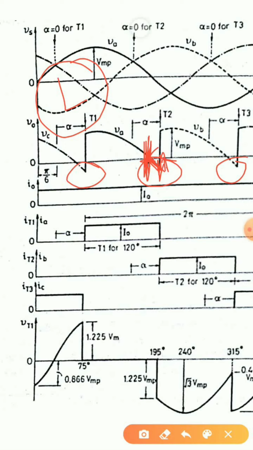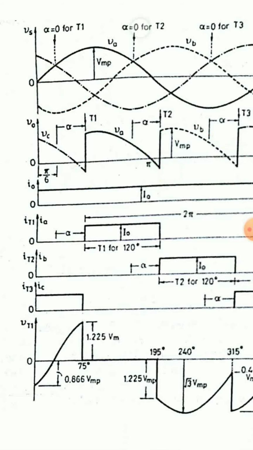Now after the inductor has discharged, again thyristor T2 will start conducting, and again it will go and stop, but the load current has not ceased. Why? Because the inductor has stored some energy and it is trying to discharge.